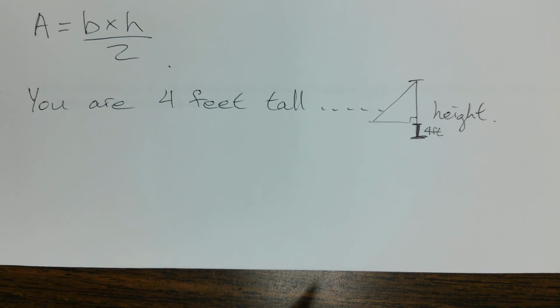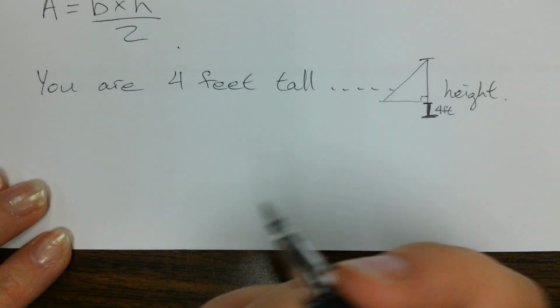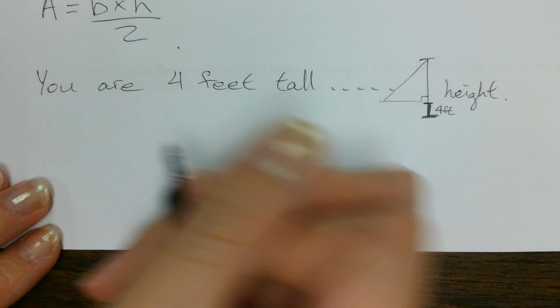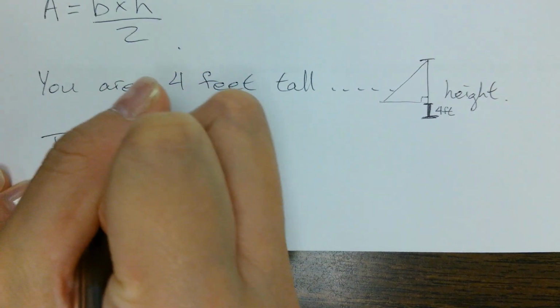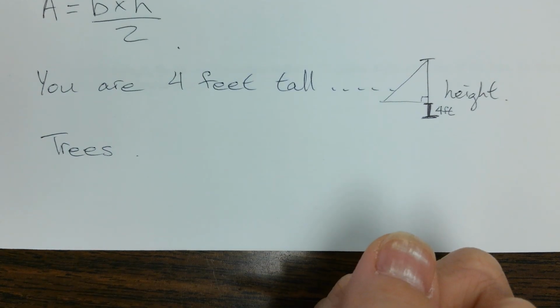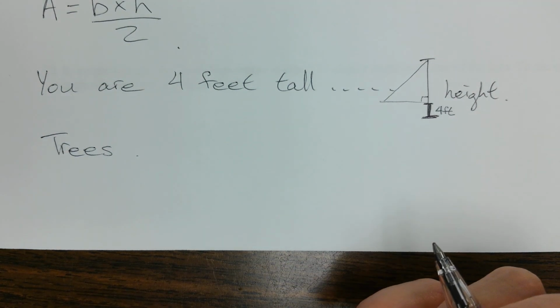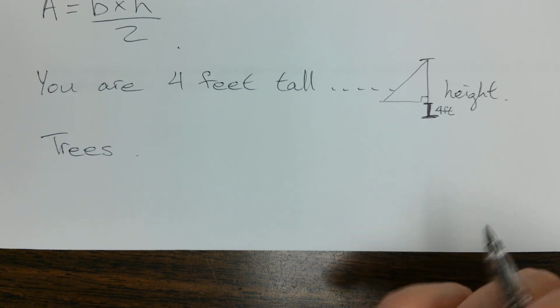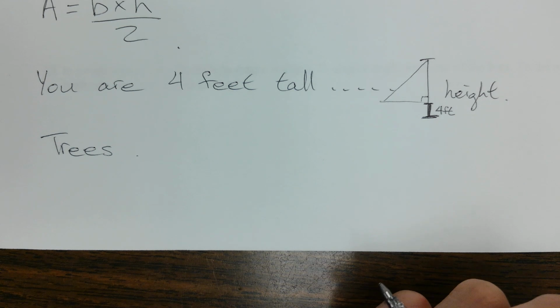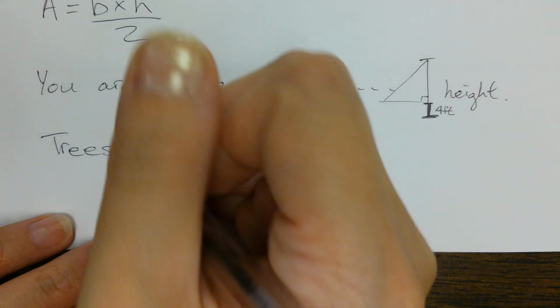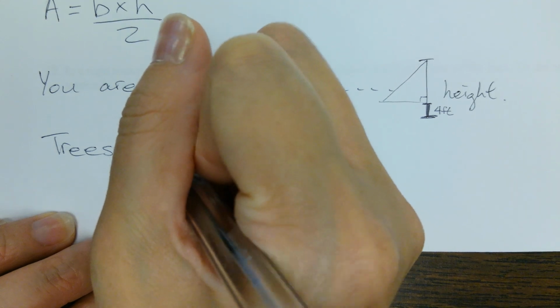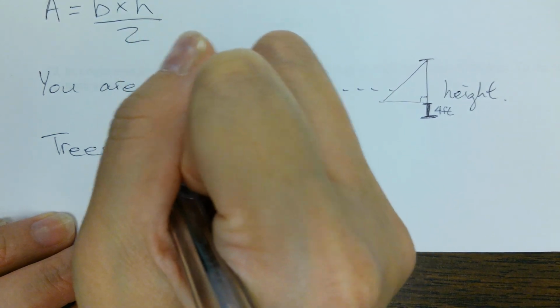And then one last thing, trees. How do you see a tree? Do you see trees on the ground? No. Trees are vertical. That's a tree.